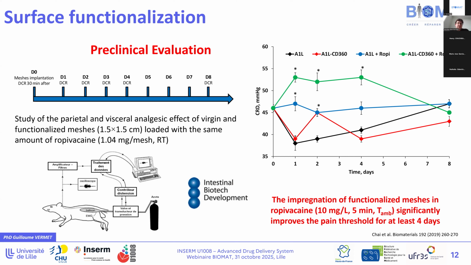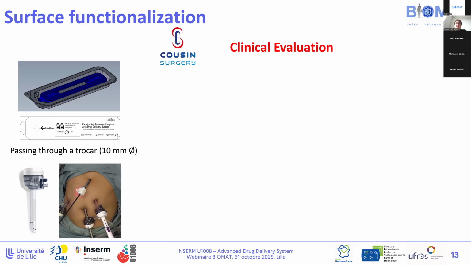You can see the result on this picture: the black curve is the control, the meshes without anything, and the green curve is the meshes with cyclodextrin and ropivacaine. And you can clearly see that we can reduce the pain to the rat after implantation of these meshes.